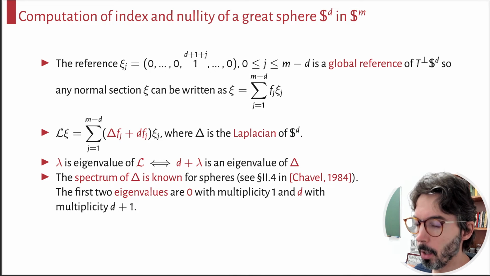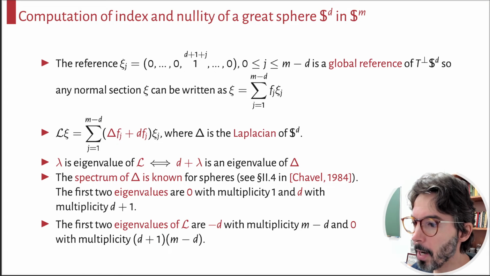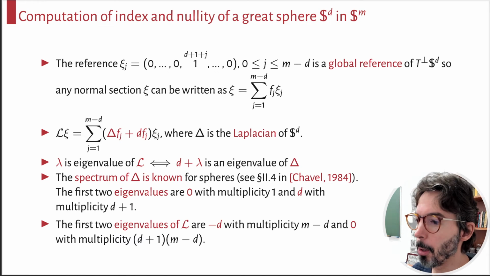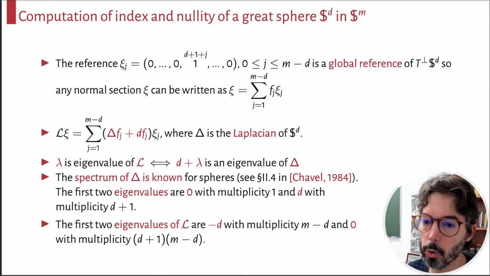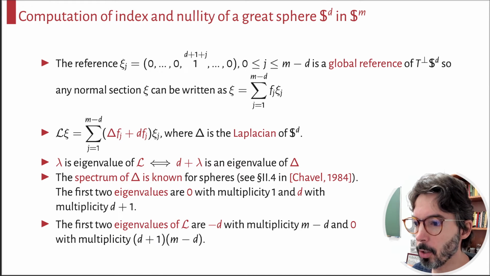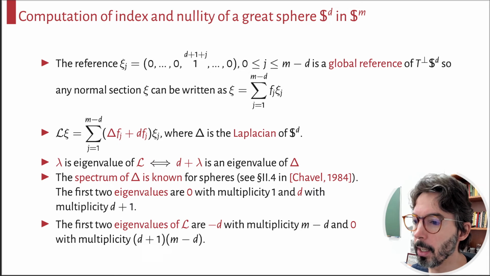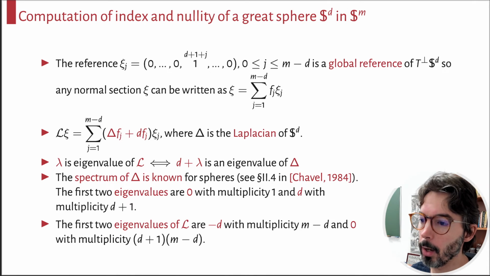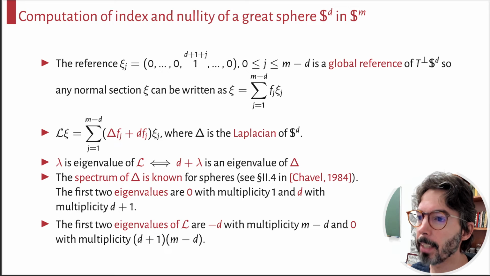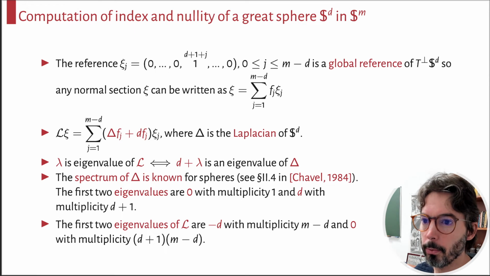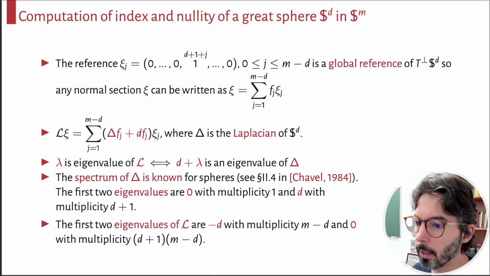Then, thanks to the above relation, we get that the first two eigenvalues of the Jacobi operator are minus d, so now we know that the immersion is actually unstable because there are negative eigenvalues of the Jacobi operator, and the multiplicity is precisely the multiplicity of 0 as eigenvalue of the Laplacian times the dimension of the normal bundle, m minus d. And 0 is the second eigenvalue with multiplicity d plus 1 times the codimension.